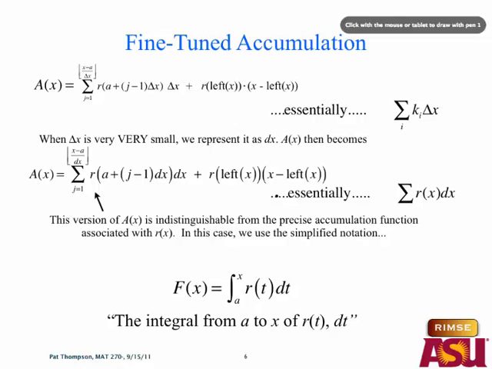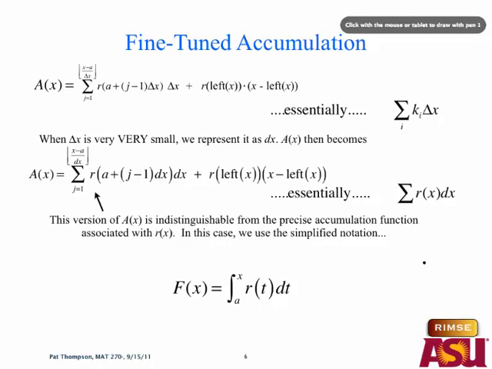It's just a more compact, nicer, convenient notation. But these two functions are equivalent only when delta x is very small and we're using dx. The other is for larger delta x. It's just that this one is more friendly to work with.